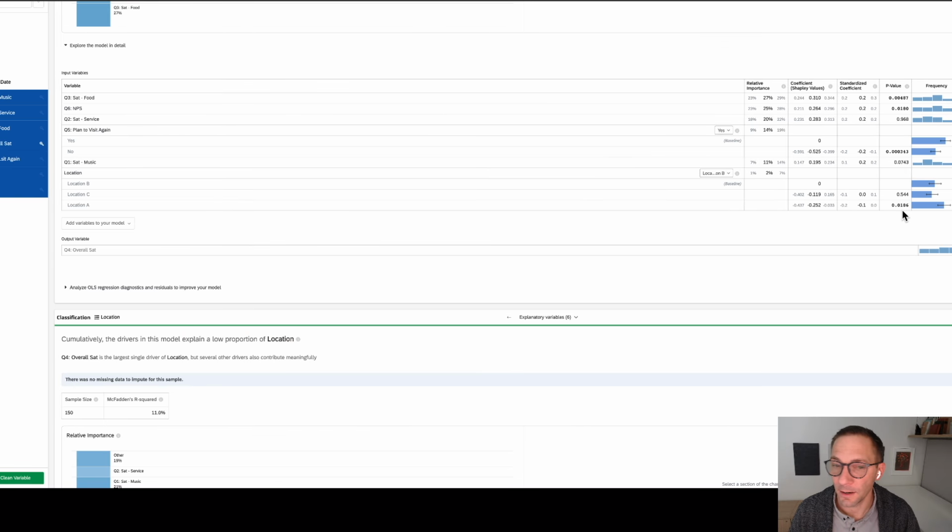And what I see here is still a significant difference between A and B. So location A seemed to have lower overall satisfaction, but there's no significant difference between location B and C.